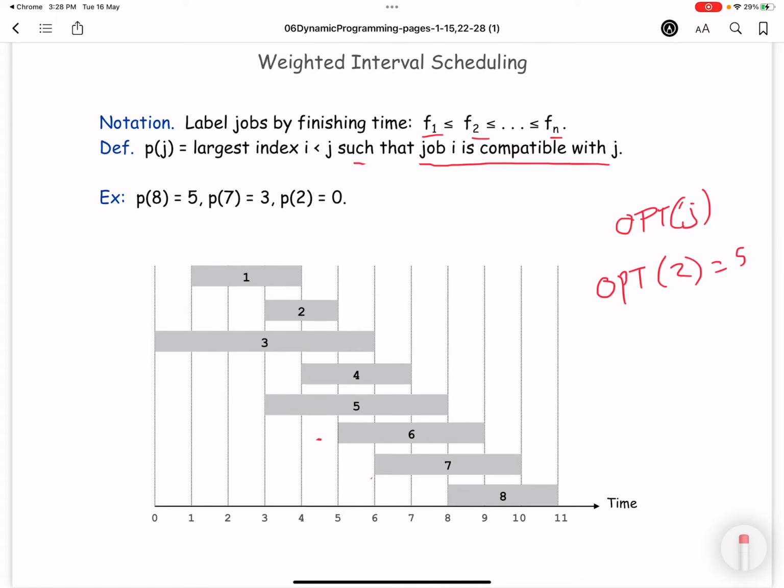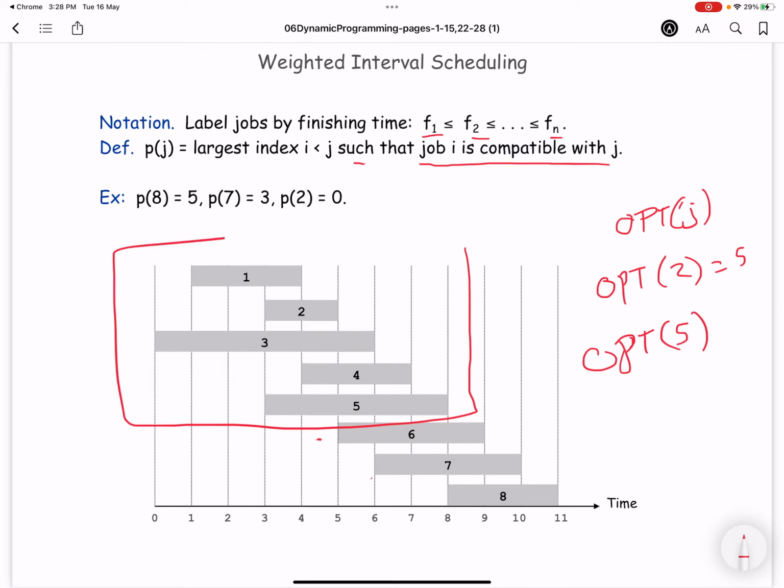Imagine I take another example. What's opt5? Opt5 means you have all the jobs from 1 to 5 and you want to compute the optimal. So let's say the values here are 1, 5, 1, 3, 2. So I think the optimal for this collection of jobs is to take this job 5.